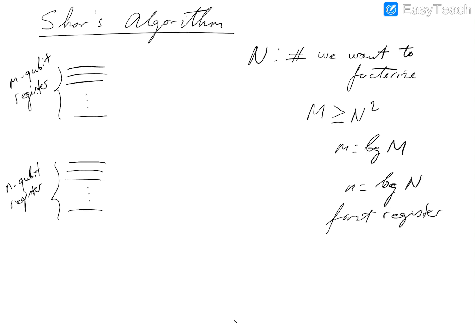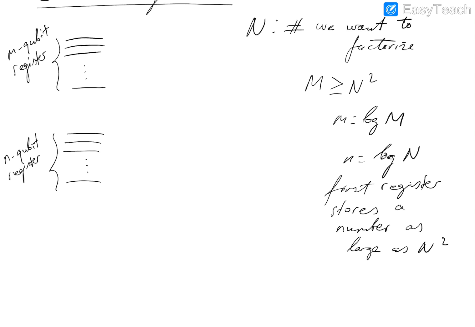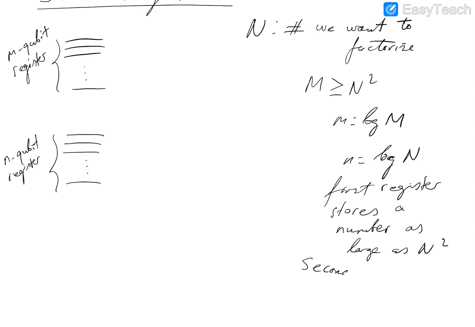Let's write these down. The first register stores a number as large as n squared, that is m, and the second register stores a number modulo n.